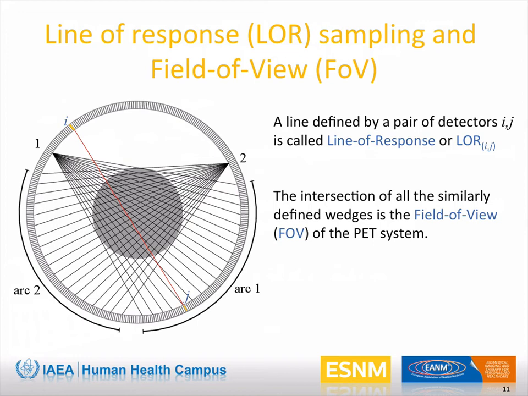The intersection of all the similarly defined wedges is a region of the space where the sampling of the LORs is complete enough to permit the reconstruction of the PET image. This region is called the field of view, or FOV, of the PET system.